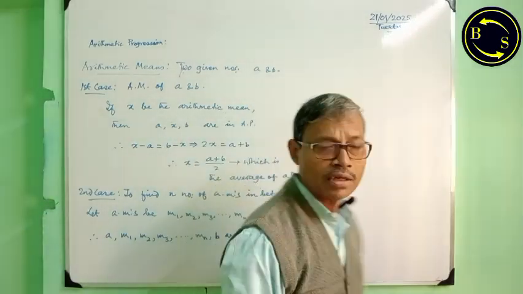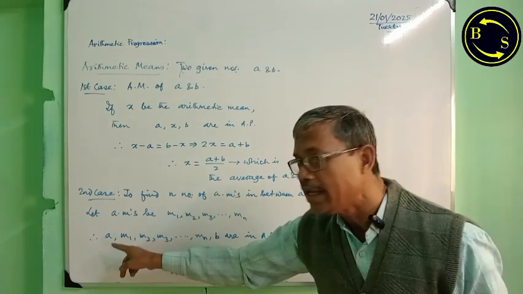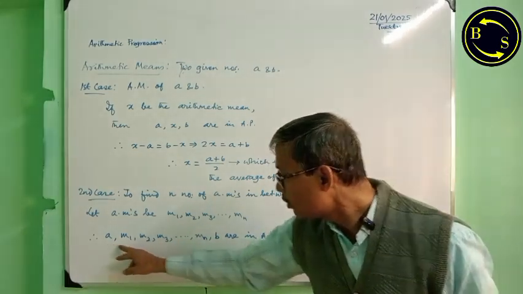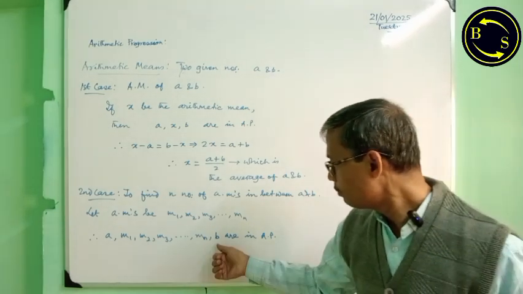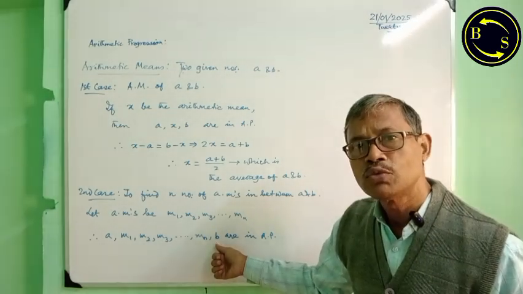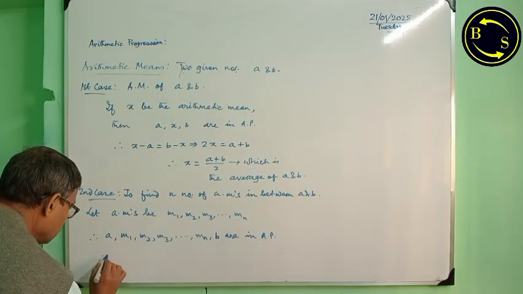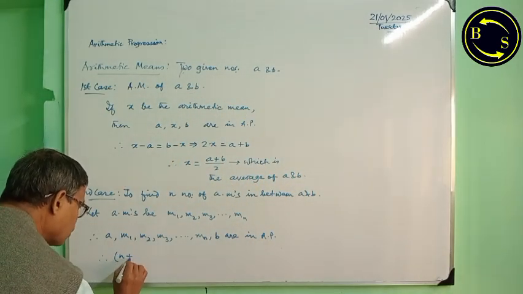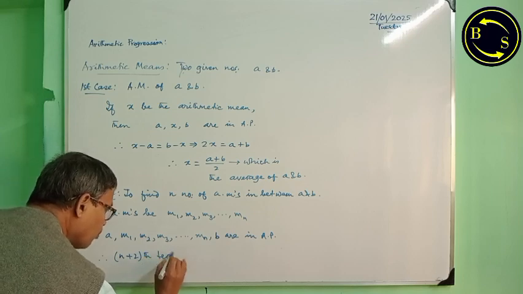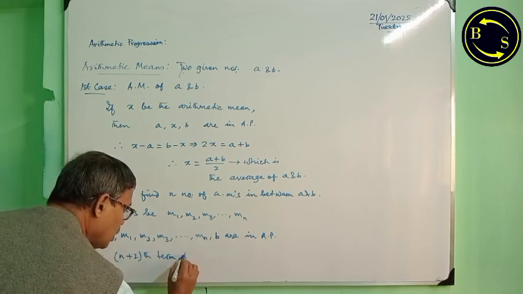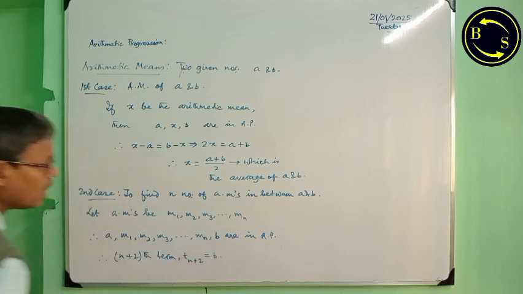We have inserted the arithmetic means in between A and B. Then total number of terms in this case will be n plus 2. Therefore, B is the n plus 2th term. Therefore, T n plus 2 equal to B.